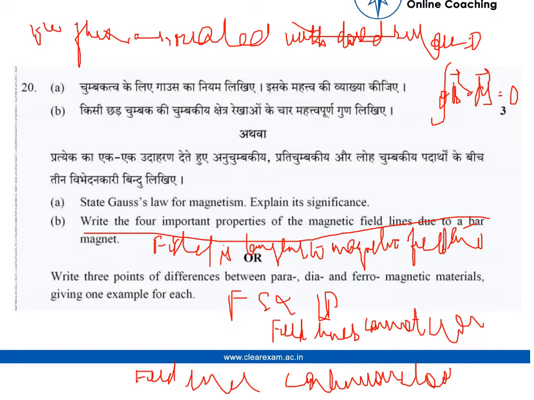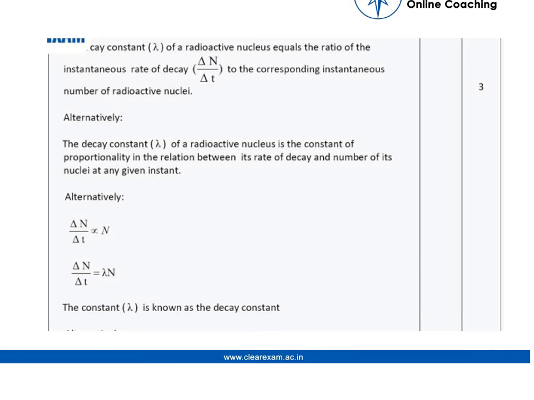Now, the differences between para, dia, and ferro. So here is diamagnetic, here is paramagnetic, and here is ferromagnetic.